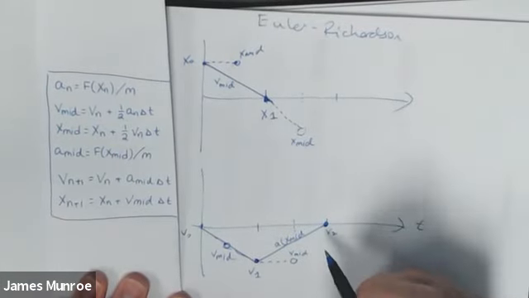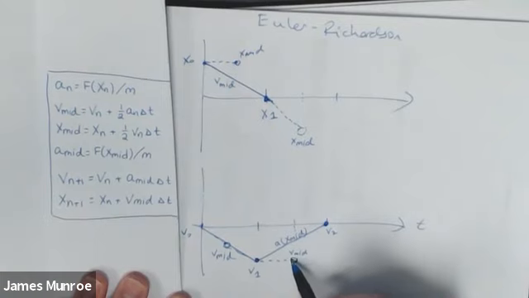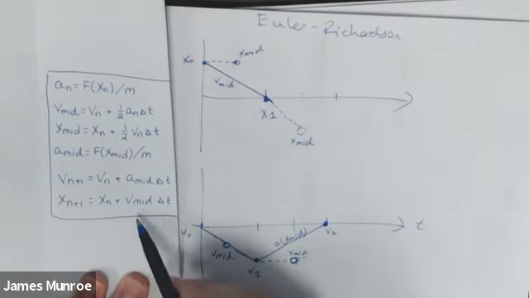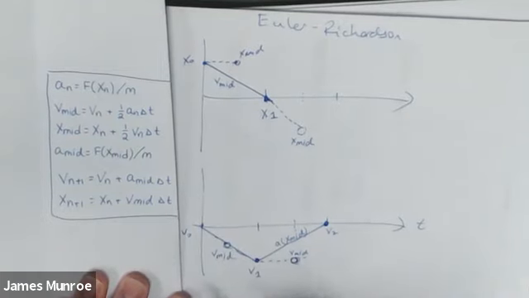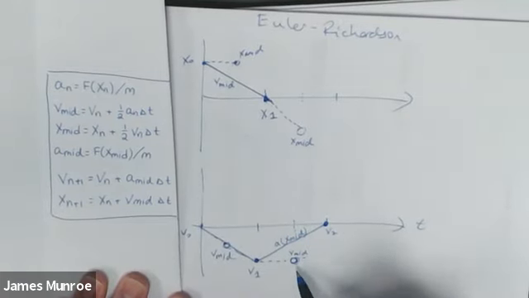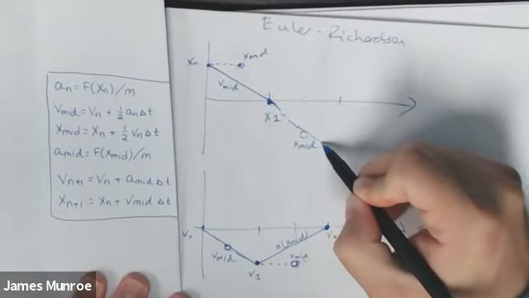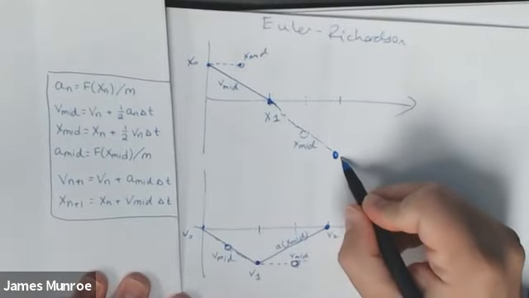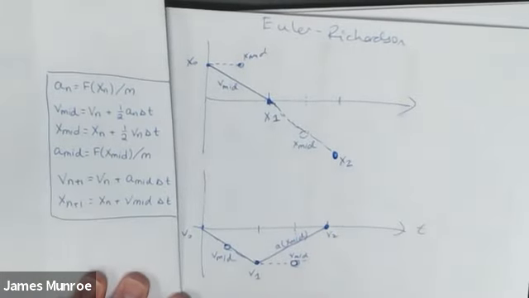But what we do then is we take this velocity, see this negative number right here, we use this velocity, even though it's not the one at the end or the beginning, we use this guy right here to do a step in x. Well, this step, it's fairly the same value as it was before. So it gets you down to here.